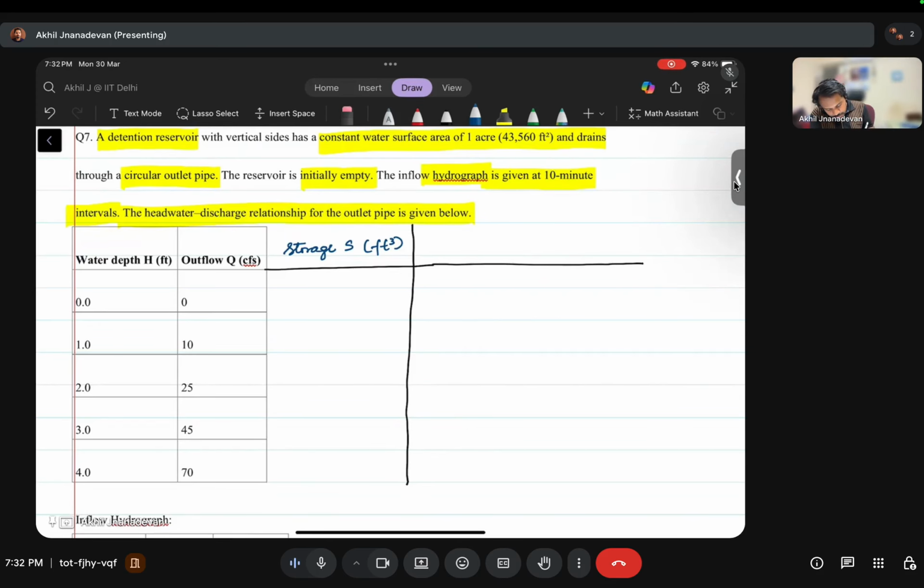For 0, initially the storage is 0, the water table head is also 0, and for 1, the storage will be 43,560 into 1, that is 43,560 cubic feet.